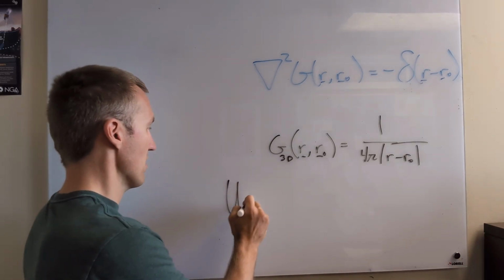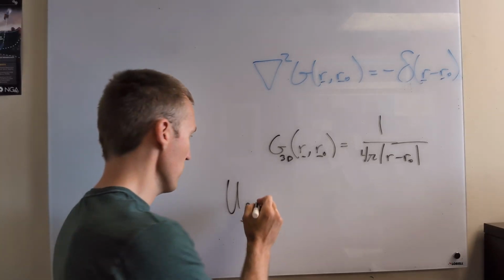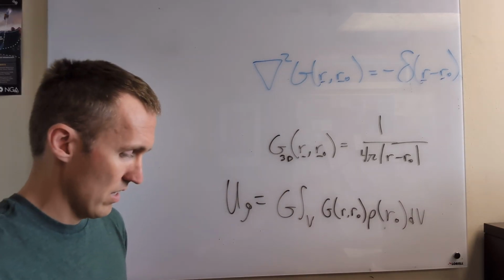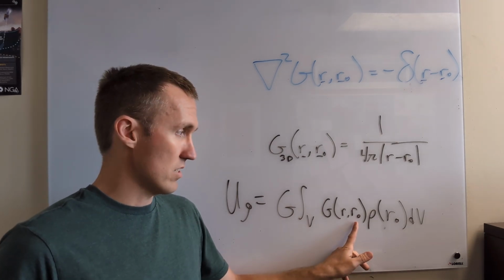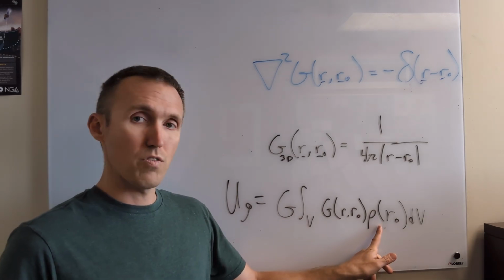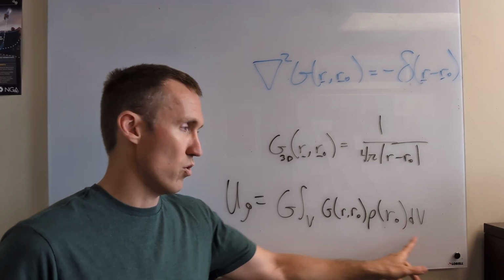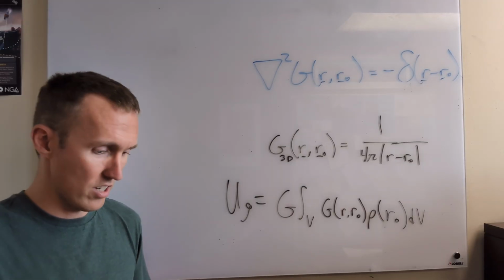So we can write that as, this is U G, gravity potential. Green's function, which is a function of R and R naught, integrated over the density at R naught, integrated over the whole volume, times a constant, some version of the gravity constant.